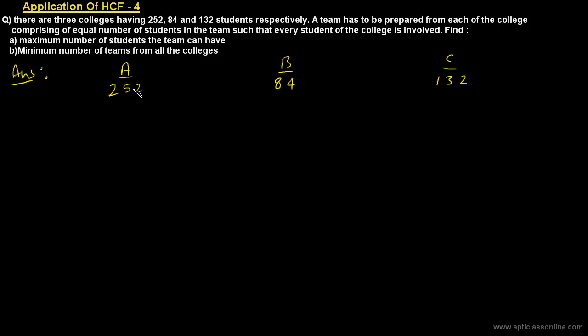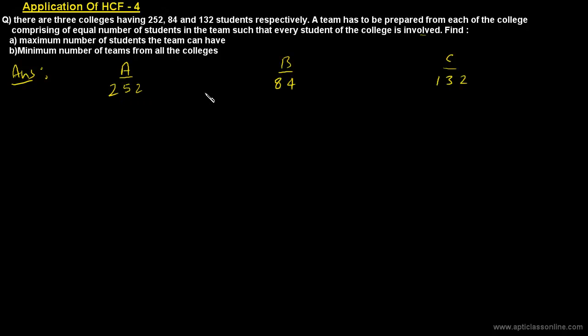Suppose there are 6 students in a team, say, so the same 6 student team from college A, 6 student team from college B, and 6 student team from college C. In case it is 6, we do not know the number, we have to find out. And it should be such that every student of the college has to be involved, no student has to be left.